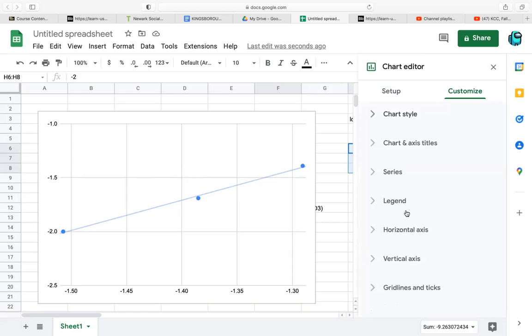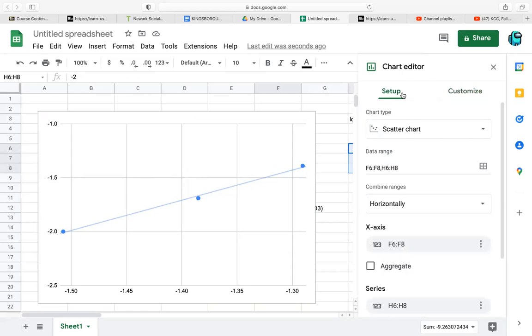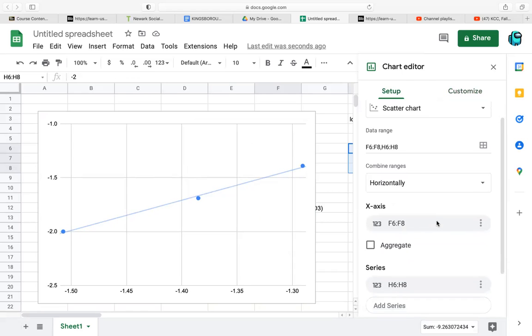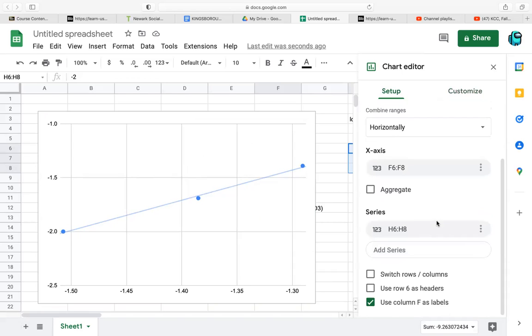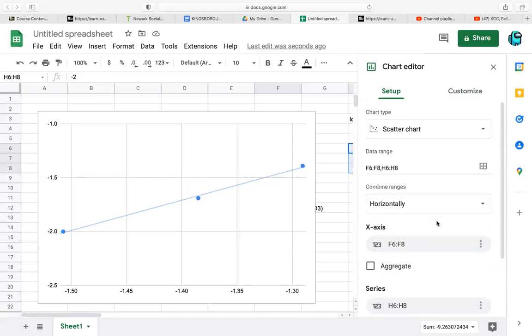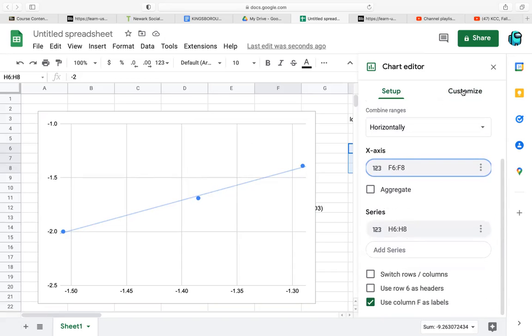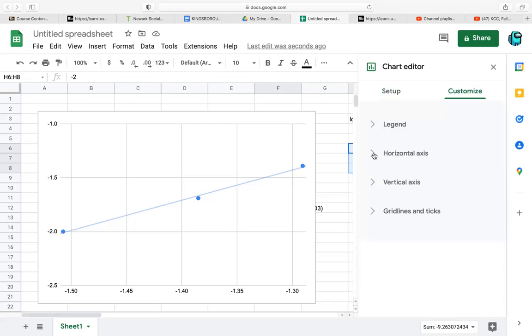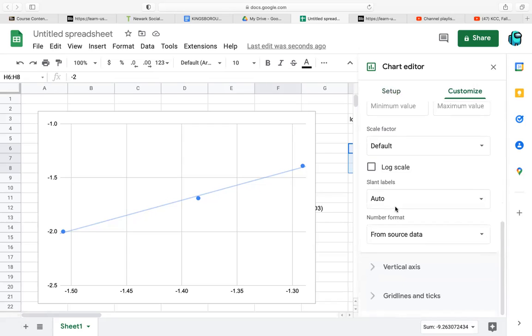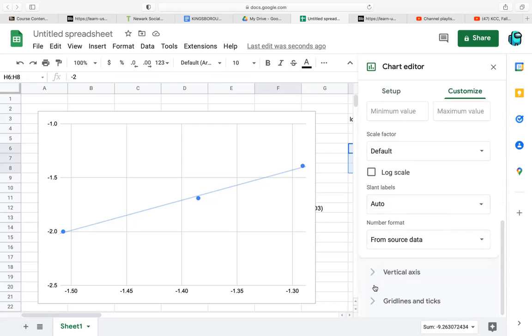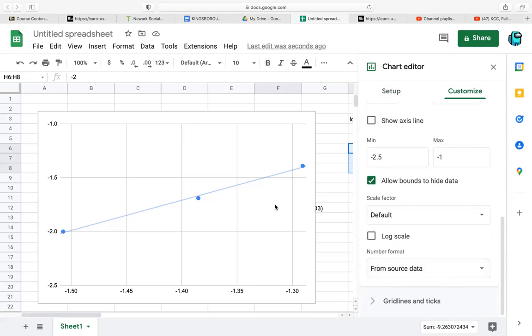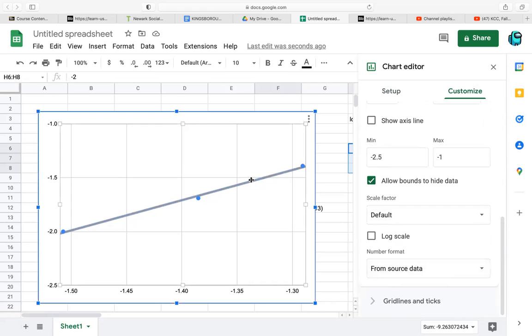It's a weird thing, but for some reason, okay, setup, go to setup again. No, that's not it. I've got it. Customize. Oh, I'm sorry, maybe I have to click on this.